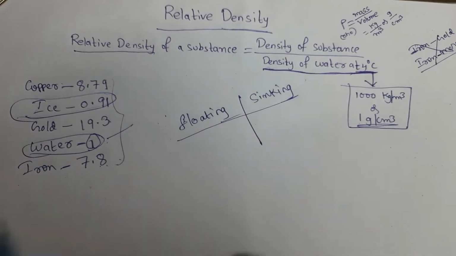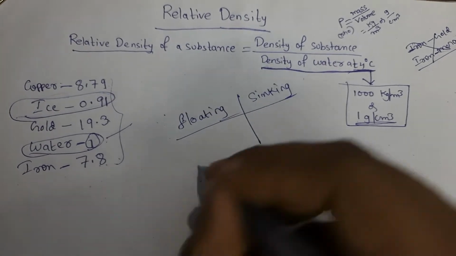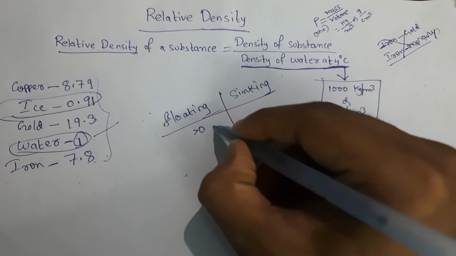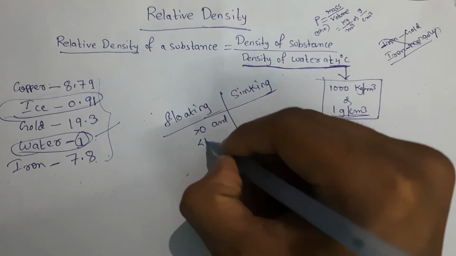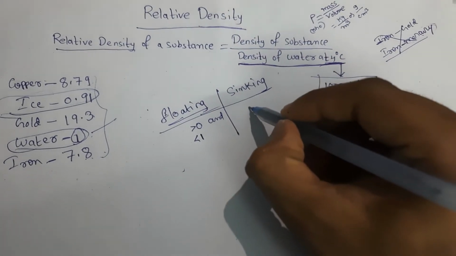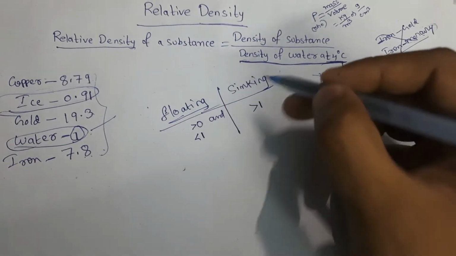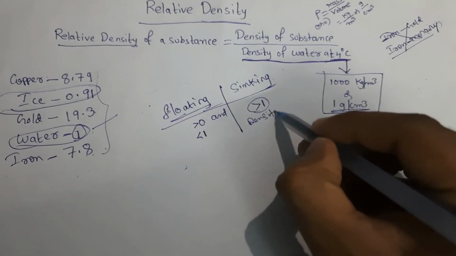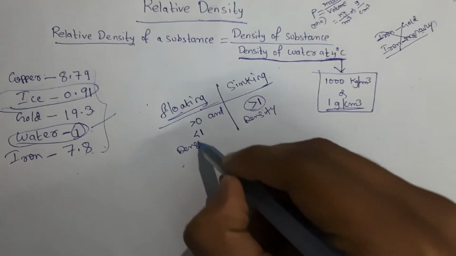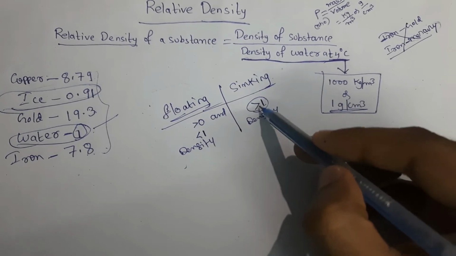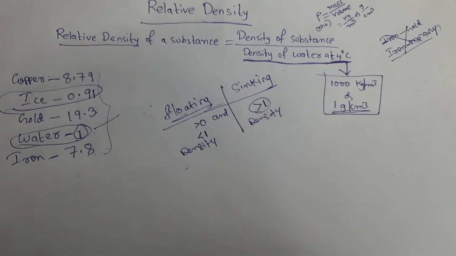Simply, if the relative density of the substance is greater than 0 and less than 1, it will float. If the relative density is greater than 1, it will sink, because its density is more than water, so it will sink in the water.